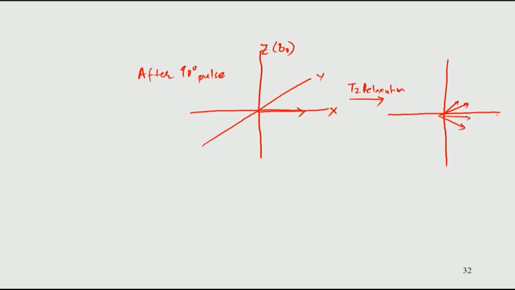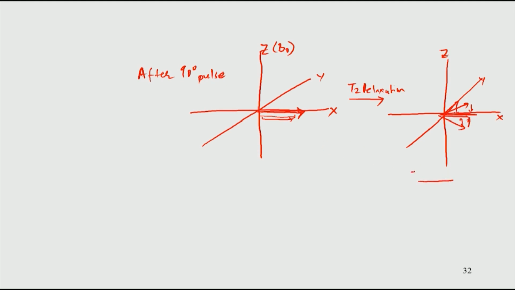Again, this is the x axis, this is z axis, and this is y. Now if you look carefully at this particular vector, this vector is now a sum of many small vectors which are all bunched together. But when they start moving away from each other due to T2 relaxation, if you take the component of all these vectors along the x axis, the components will not add up perfectly.